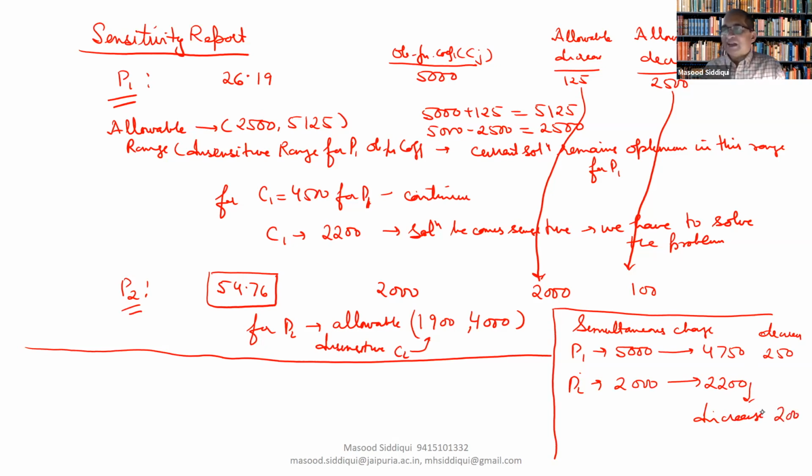Right? Since simultaneous changes are there, we have to use a rule that is known as the 100% rule for simultaneous changes.